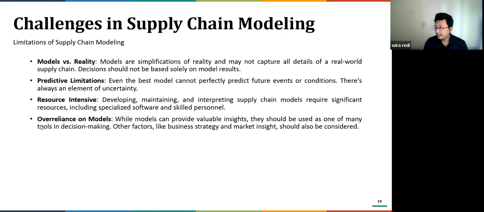And over-reliance on models. Okay, we know that some models provide you good insight, but sometimes models can be wrong as well. In business, there is nothing certain. So even though your model fits very well, you need to think about it again before making the decision.